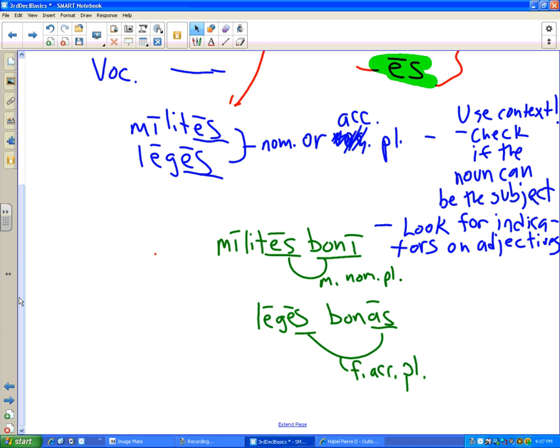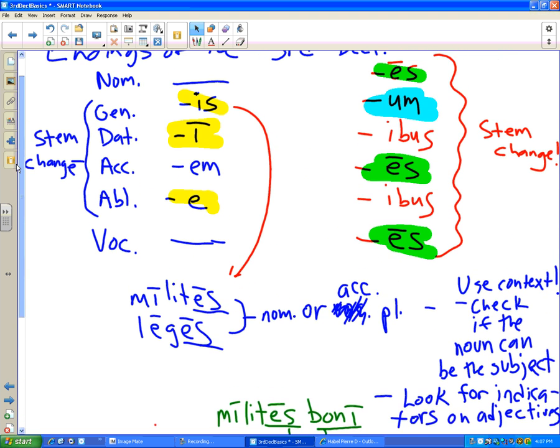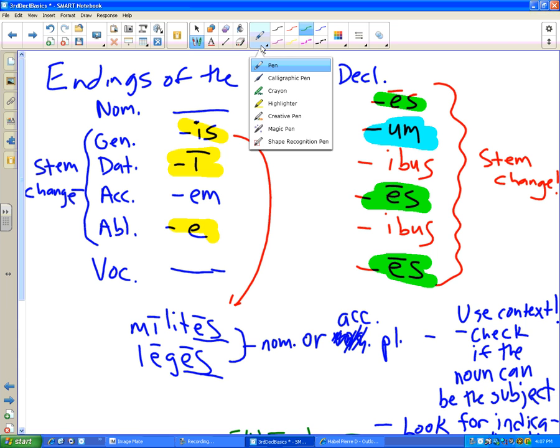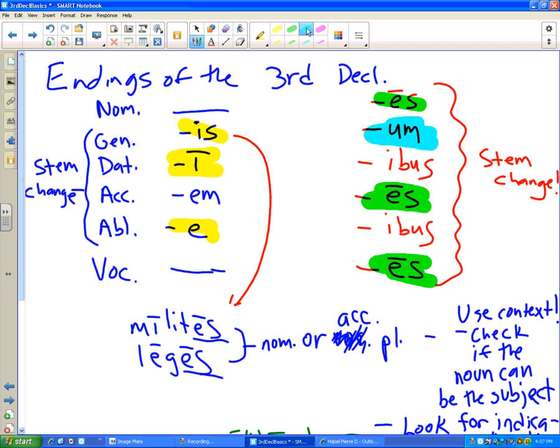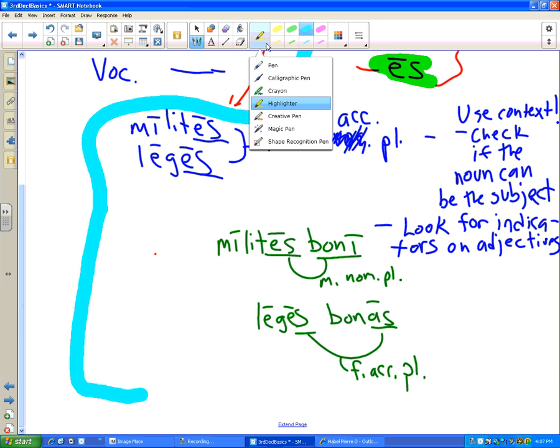All right, the last thing I want to point out, and I have to scroll back up very briefly to do it, regards the ending um that you see up here. I'm going to go back and grab the highlighter pen and highlight my way down to some free space to add an entry about the ending um.